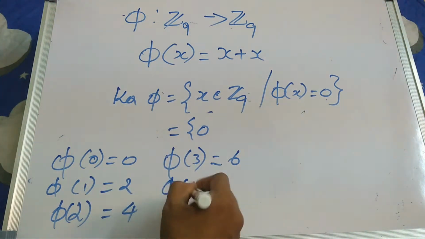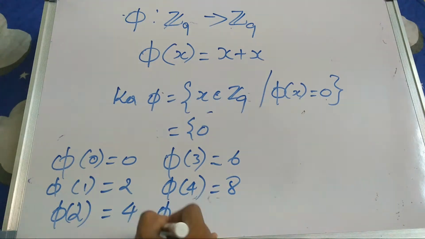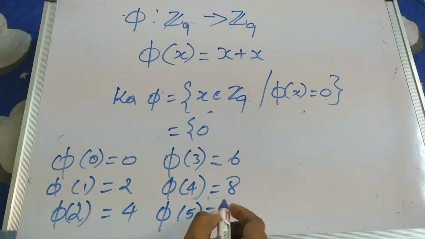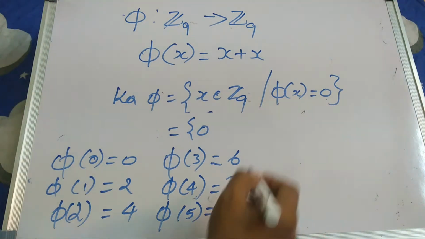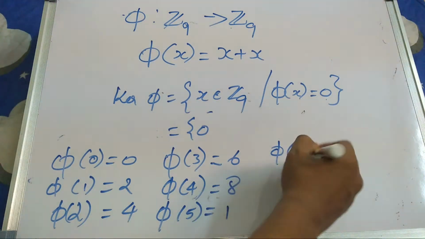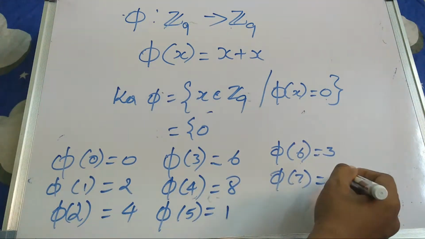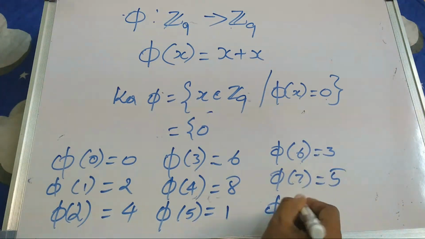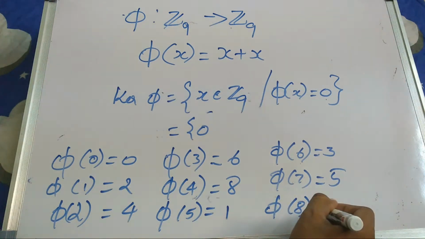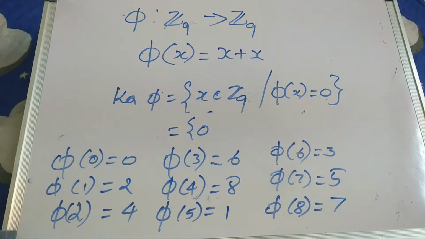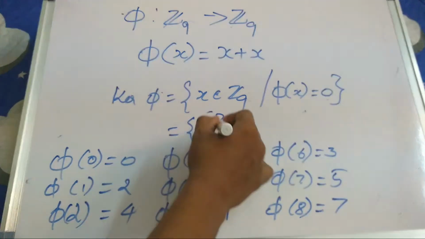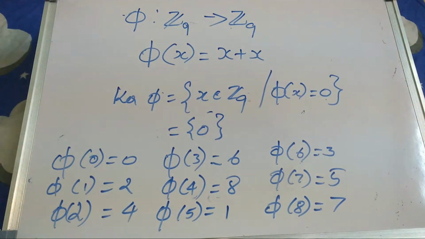Phi of 4 is 8. Phi of 5 is 1, since it was 5 plus 5, 10, which is 1 mod 9. Phi of 6 is 3. Phi of 7 is 5. And phi of 8 is 7. So the kernel here is only the singleton {0}.